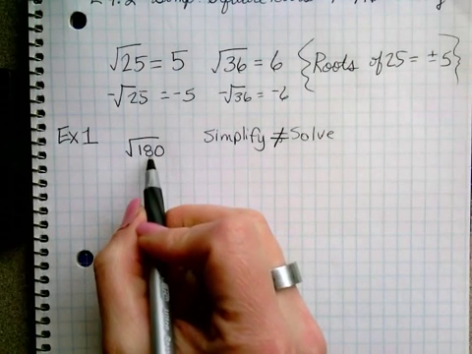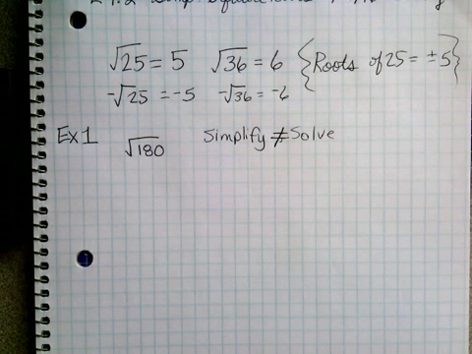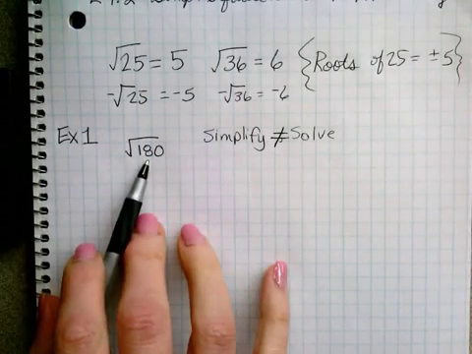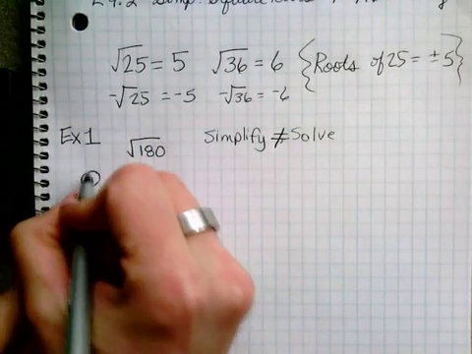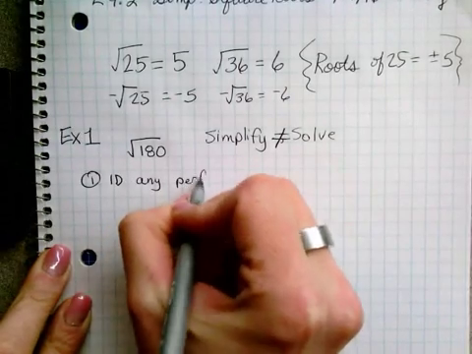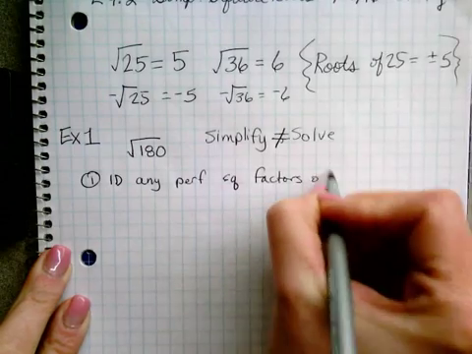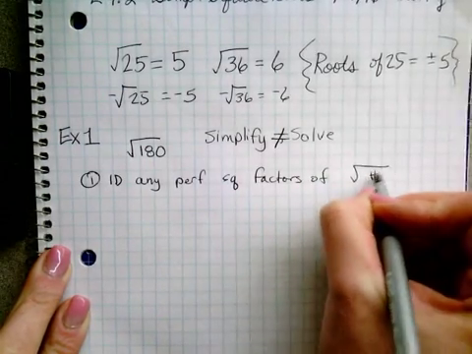Now, in order to solve this, or to simplify this, you need to identify any perfect square factors of 180. Okay? Step 1, identify any perfect square factors of the number under the radical.